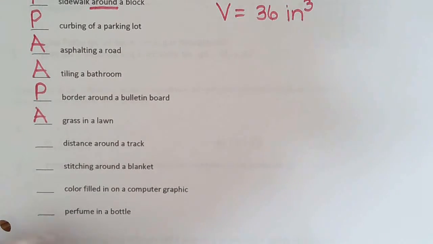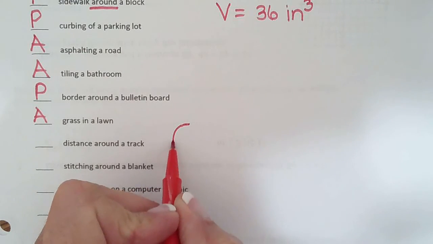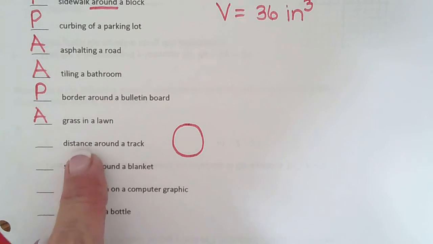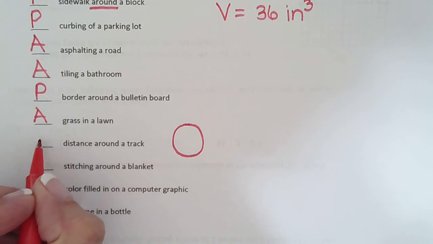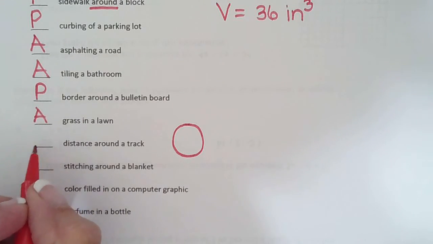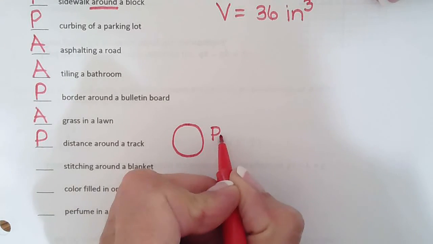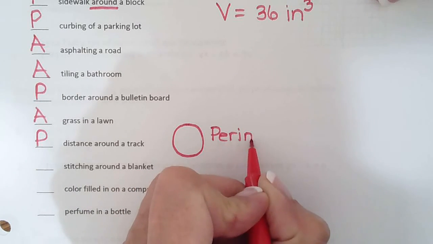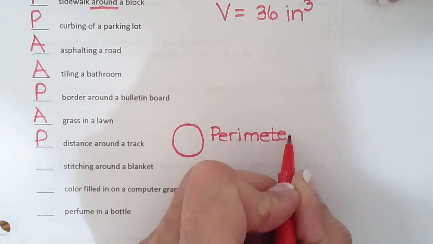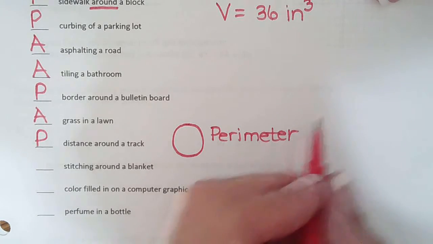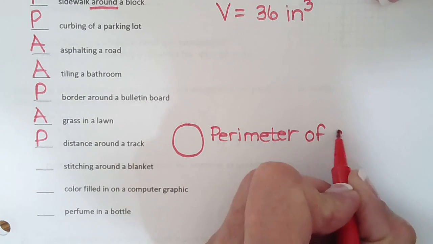Distance around a track. So that's around. If the track's circular, it's called the circumference. So the perimeter of a circle is called circumference, which we're going to learn about in either the next lesson or the lesson after that.